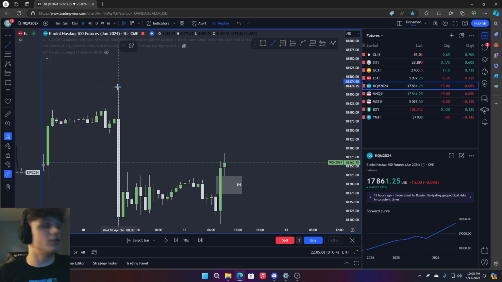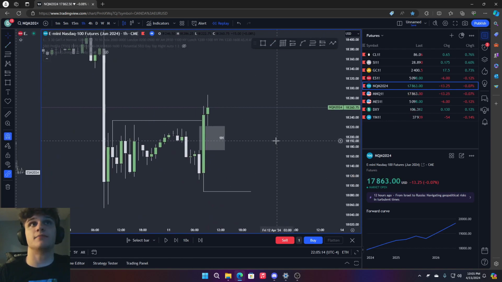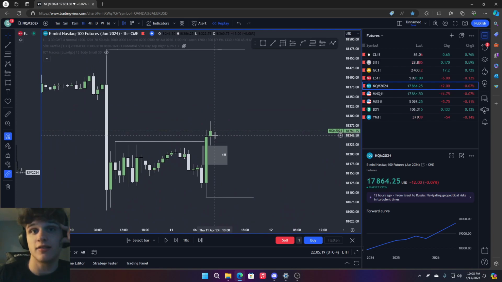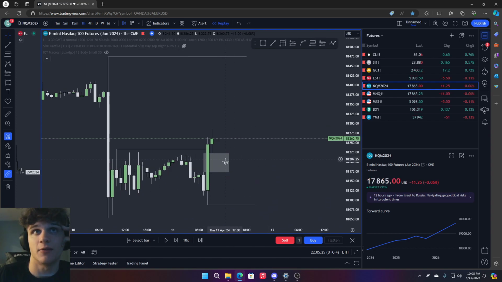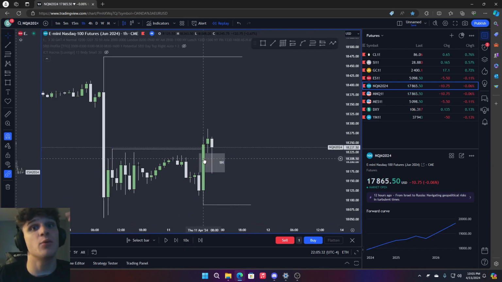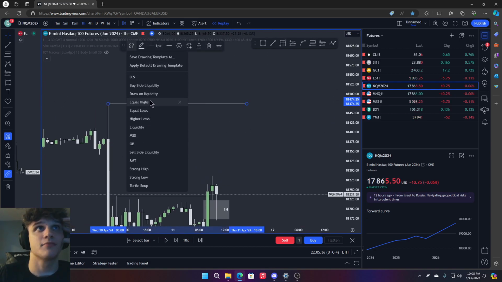So it's either going to come up here or come down and take this liquidity. Okay. So if price fails and goes through this fair value gap, okay, you know it's coming down to this low. If it respects this fair value gap, which it does, okay, comes down, respects it, big wick also, you also know that it's coming to this high, which is buy side liquidity.